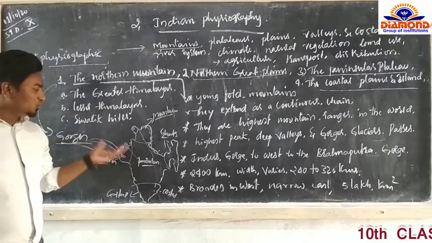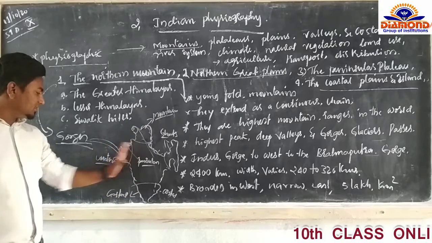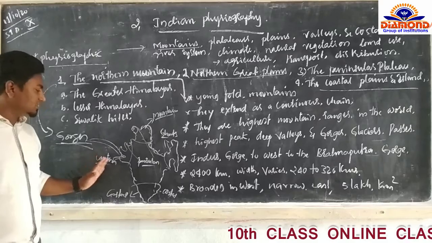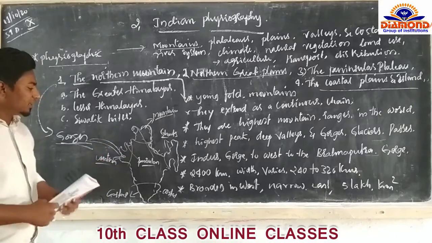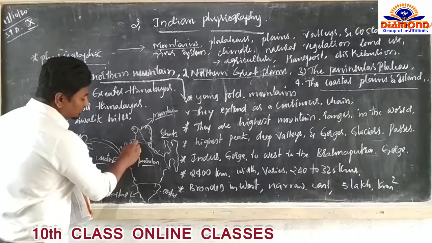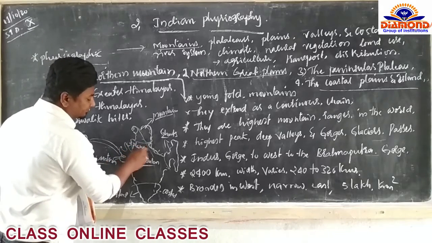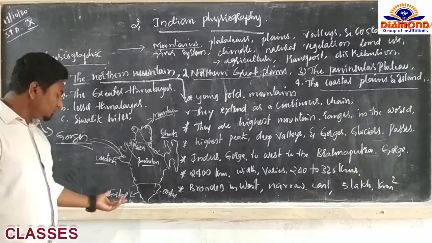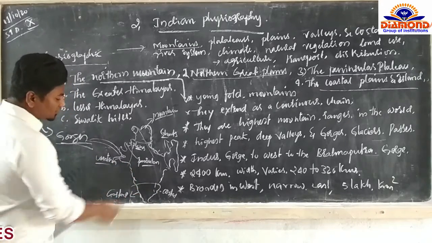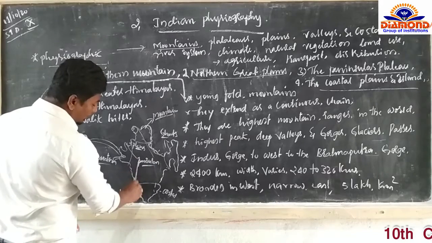These are the mountain ranges, the desert ranges, or we can also say the fertile plains. Here we also see the plains, peninsula, coastal areas, which form a triangle.